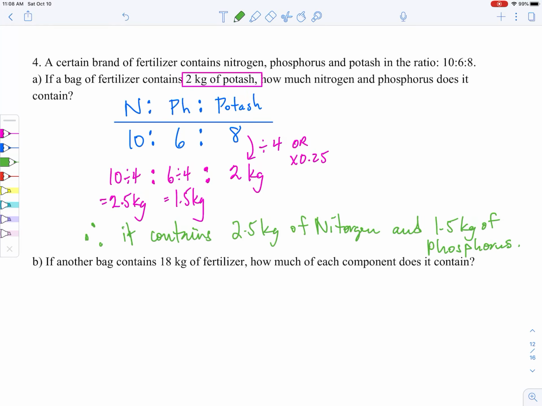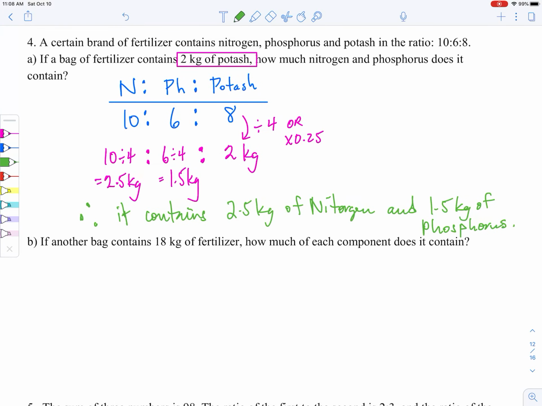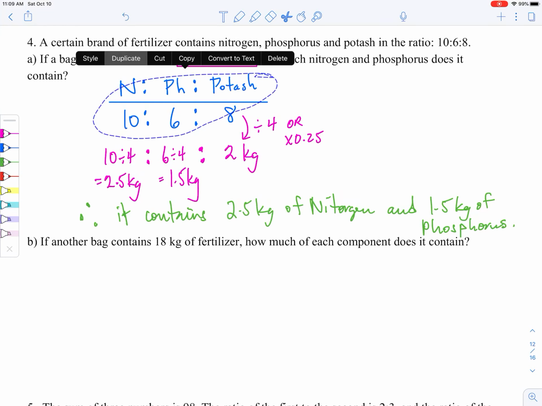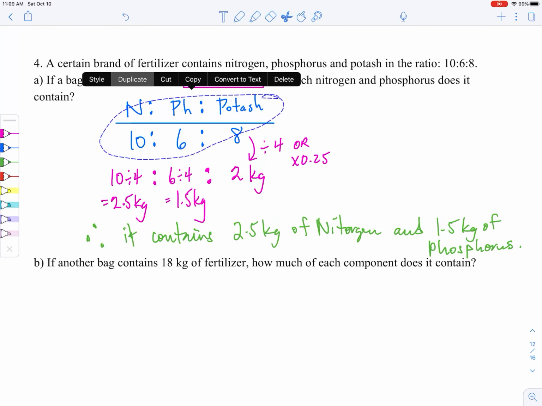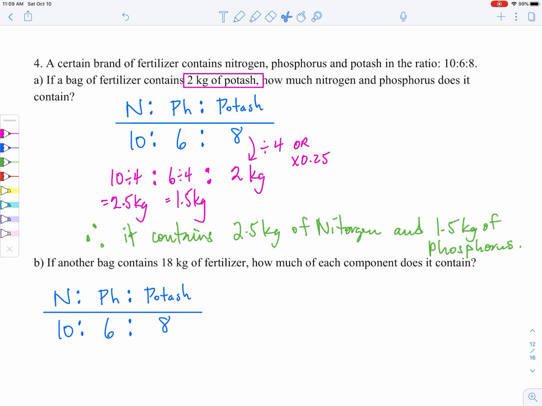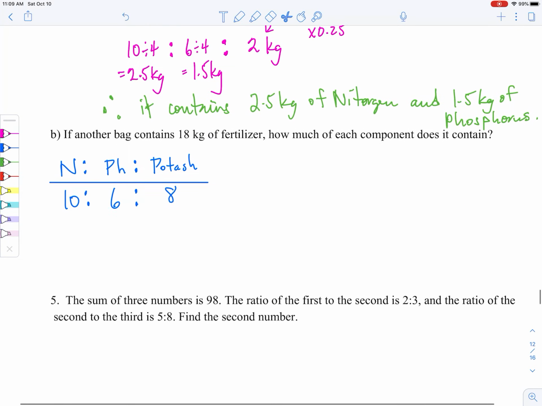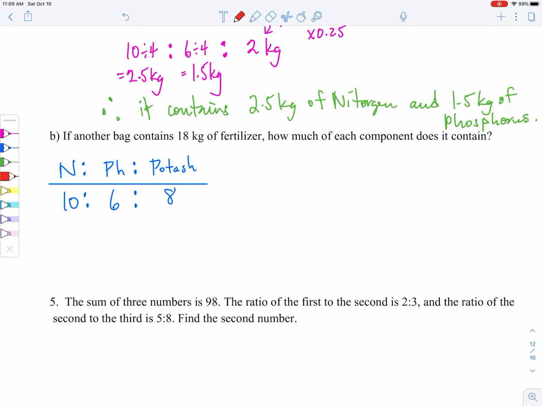B says, if another bag contains 18 kilograms of fertilizer, how much of each component does it have? So we had from before that we know nitrogen, phosphorus, and potash are in this ratio. But in this question here, this 18 kilograms is a total. So if we're given the total and we have the parts, we're going to use that scaling factor.